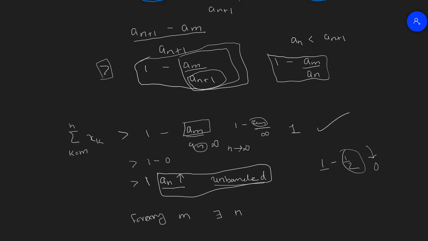It can be 1 by 2, 1 by 3, 1 by 4, and so on. So there exists a certain n such that the summation k varies from m to n of x_k is greater than 1 minus 1 by 2, that is 1 by 2. Thus, option number 2 is also correct.